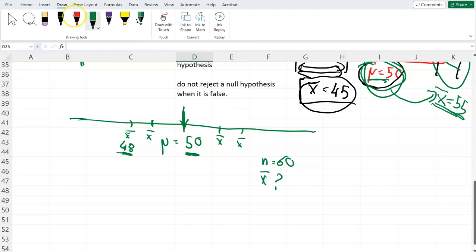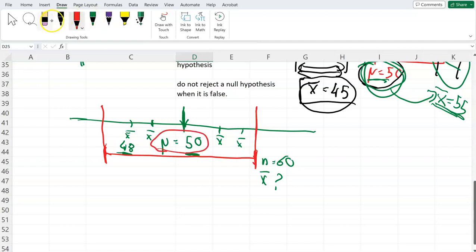So we say that within a certain range, this mean will hold. If my sample average is within a certain range, between this number and this number, then I will say we should still assume that the population mean has not changed.